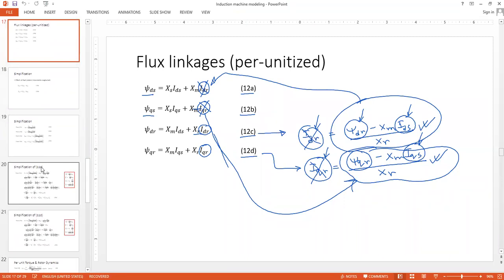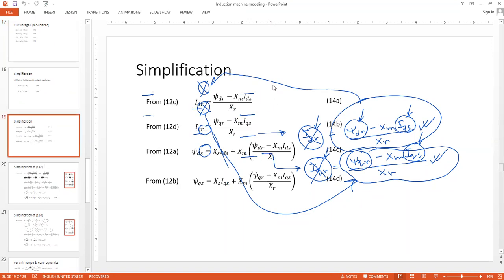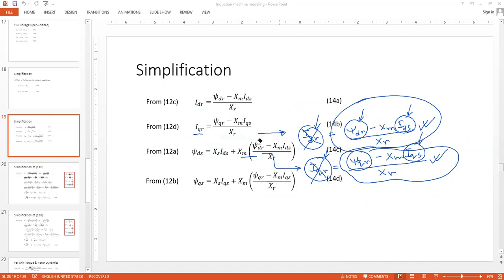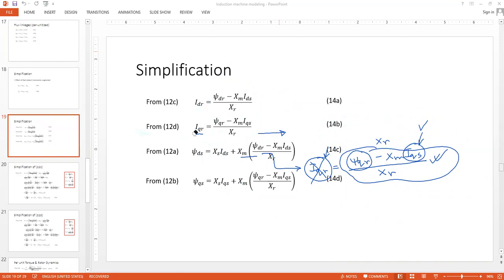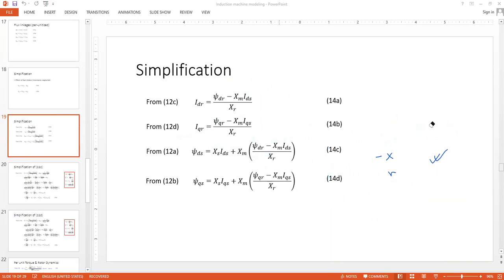So let's see what else. This is actually mentioned in slide number 19, equations 14A up to 14D. You can see that psi ds is now not a function of IDR, and similarly psi qs is not a function of IQR.